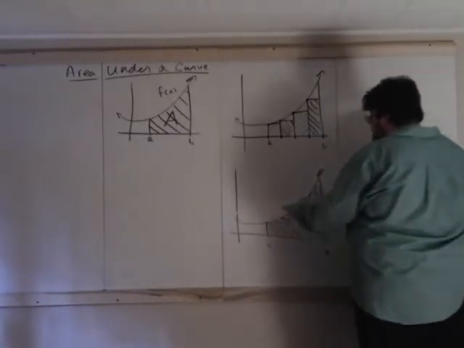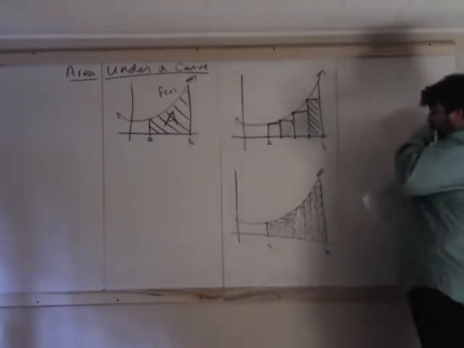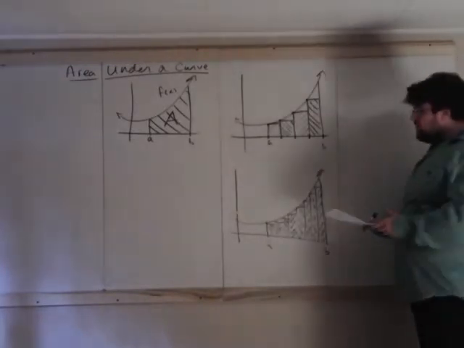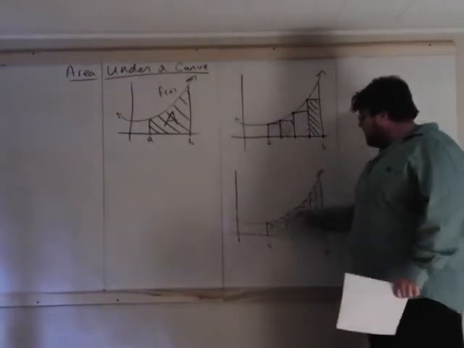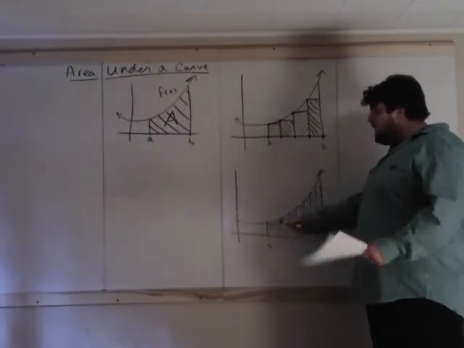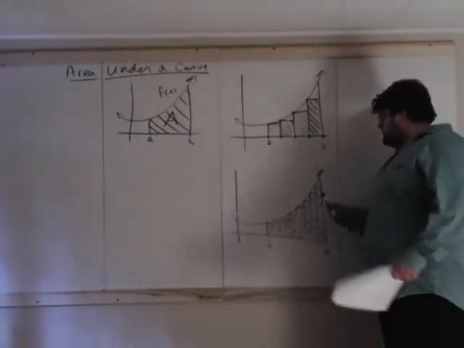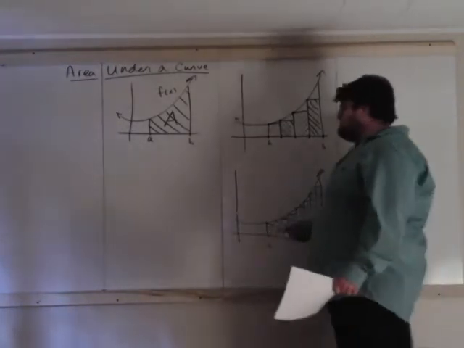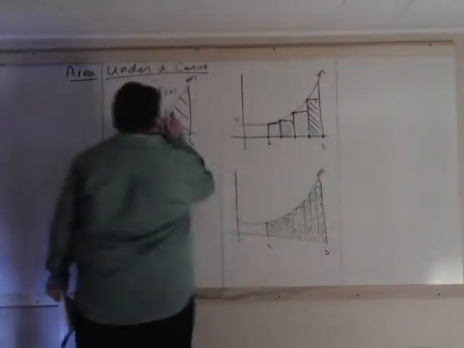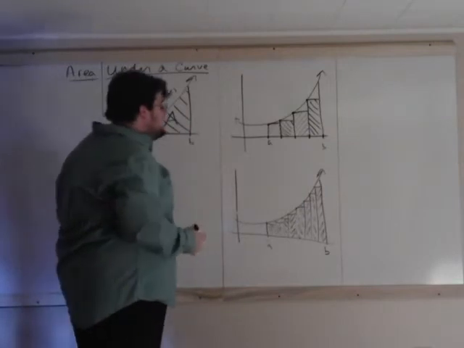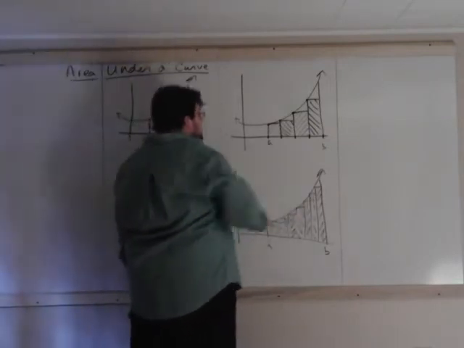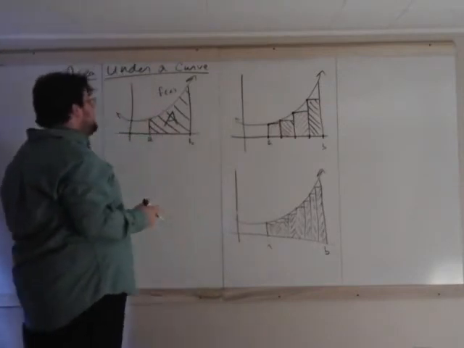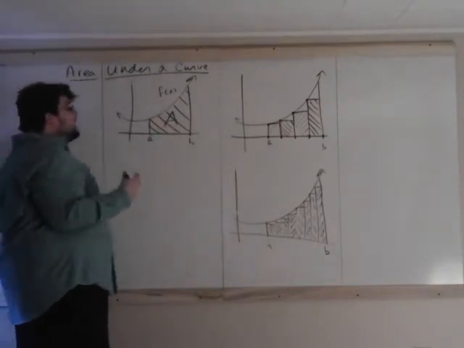In this case, there are 8 wedges. Here there were 4. If you add these 8 wedges together, you get a piece of the area not counted. If you add these 4 wedges together, you also get a piece of the area not counted.